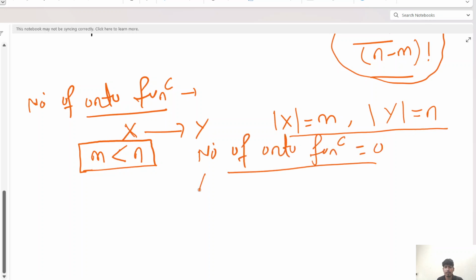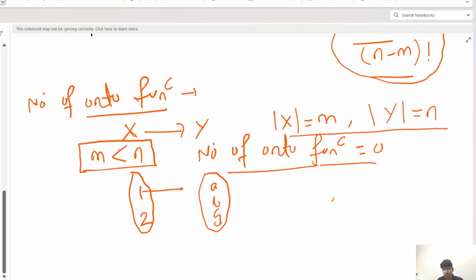Why? I tell you. Let there be a set {a, b, c, d} as set y and a set {1, 2} as set x with cardinality two.